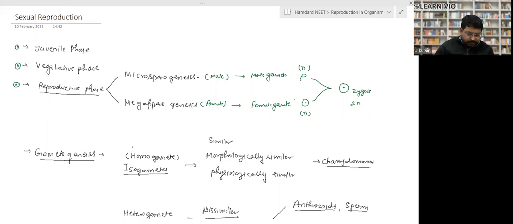Sexual reproduction takes place by combination of male sex cell or gamete and female sex cell or gamete.